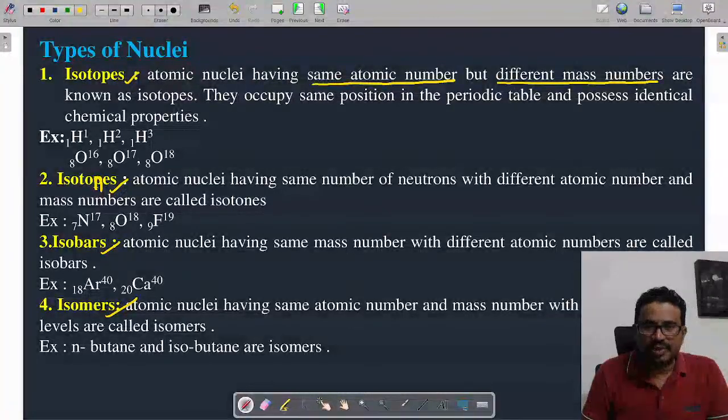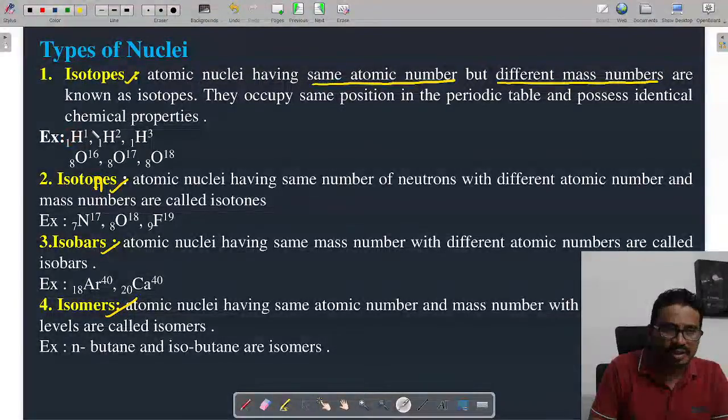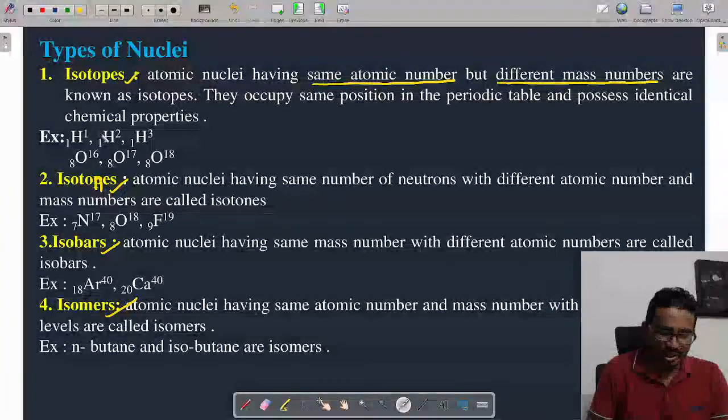Same atomic number. I hope all of you know this. So we have some atom, hydrogen. Here this one indicates what? Atomic number. Here we indicate what? Mass number, isn't it? So this is our atomic number and this is the mass number. Look at this case now.